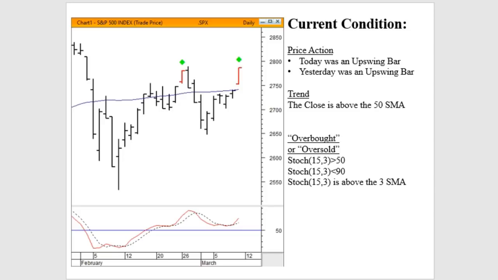And in terms of the stochastic, we use a 15-3 stochastics, and it is between 50 and 90 trending upward. All this amounts to a market condition that has occurred roughly 90 times since January of 2000. So a pretty decent population of occurrences for us to examine here.